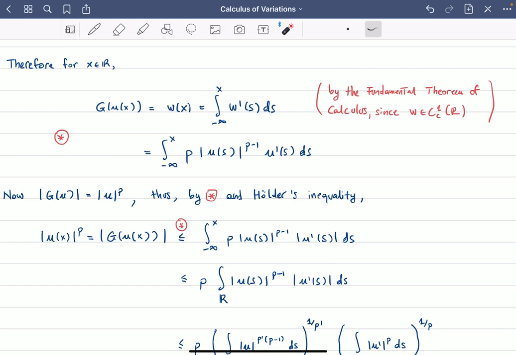Here I'm just using this one and bringing the absolute value inside the integral, obviously with a less or equal sign. And now since the function we are integrating is non-negative, this will be less or equal than the integral over the whole R, since the integrand is non-negative.